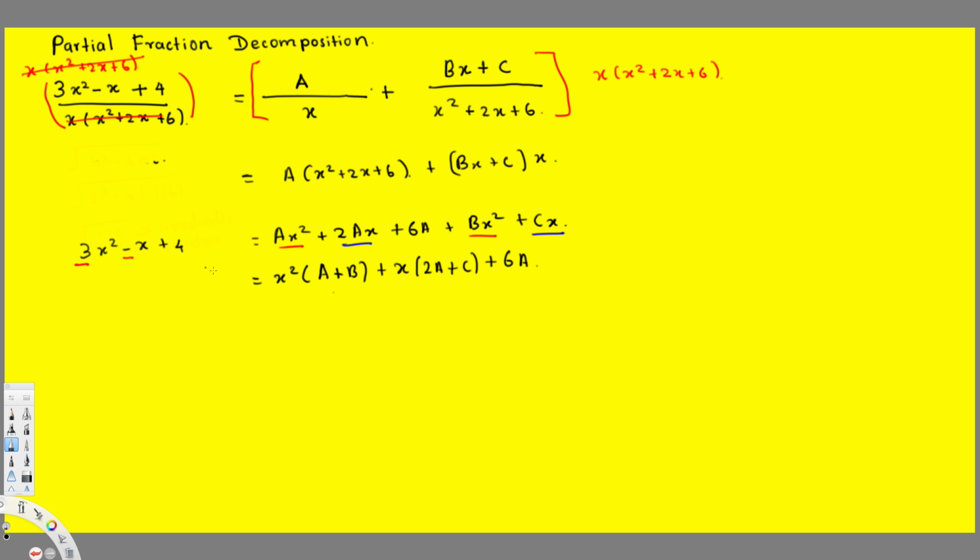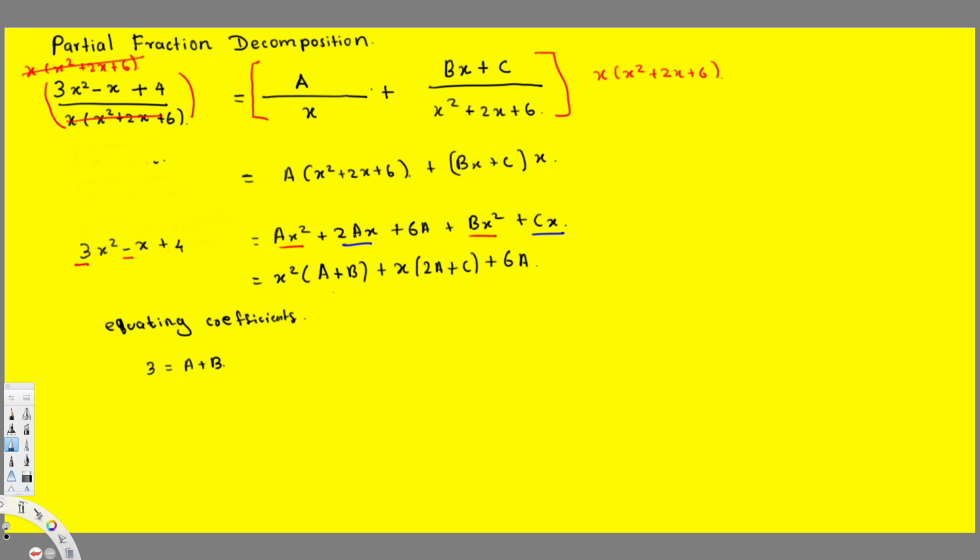Now all we have to do is simply equate the coefficients. We have 3 in front of x squared, here we have a plus b, so 3 is equal to a plus b.